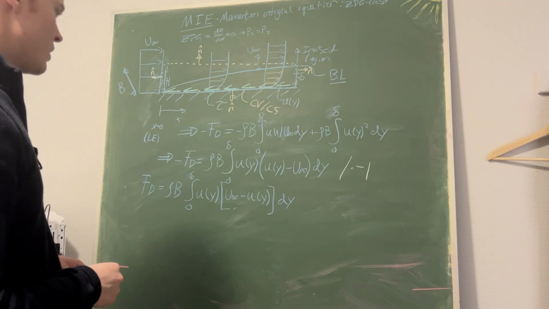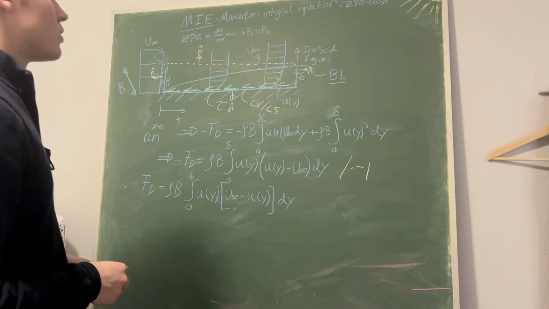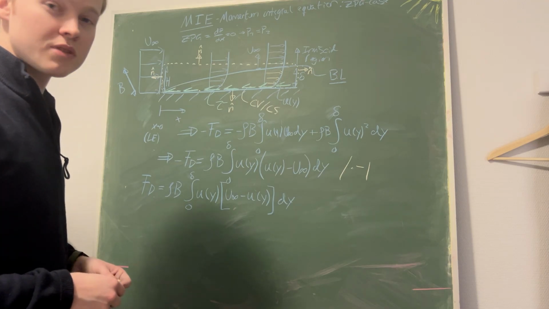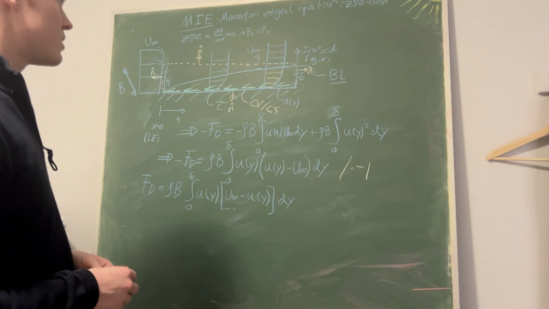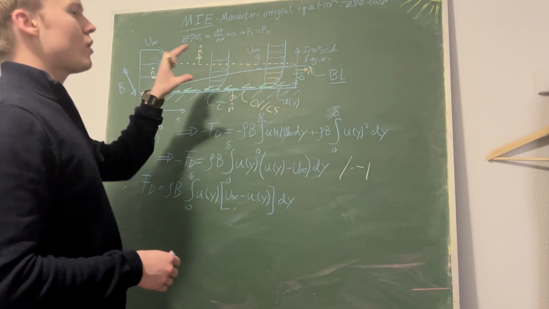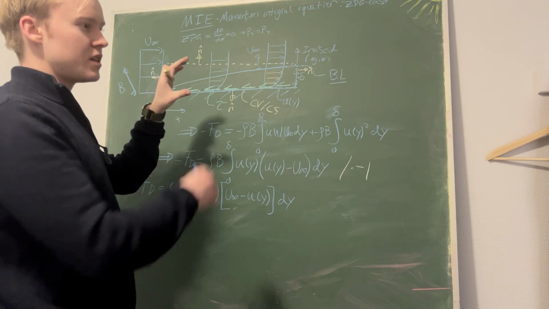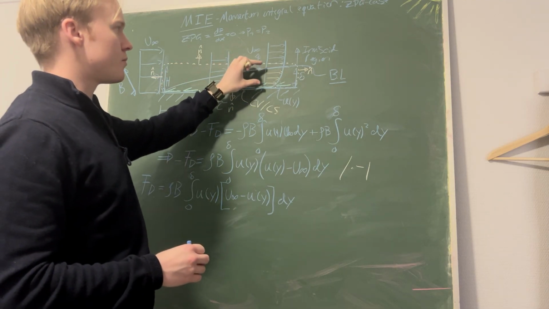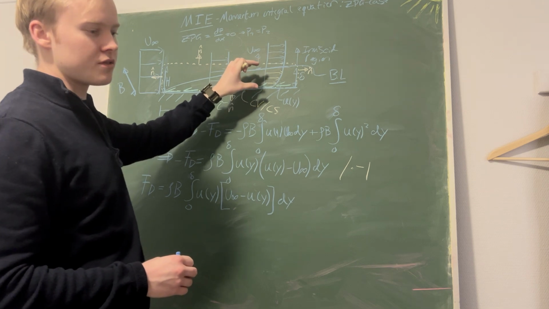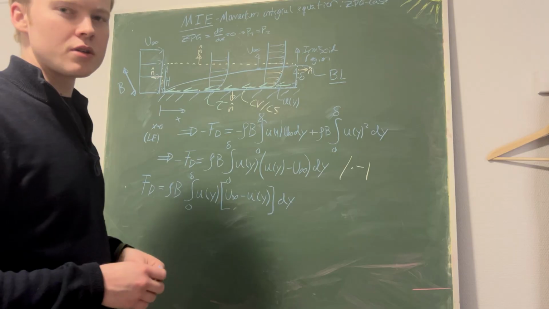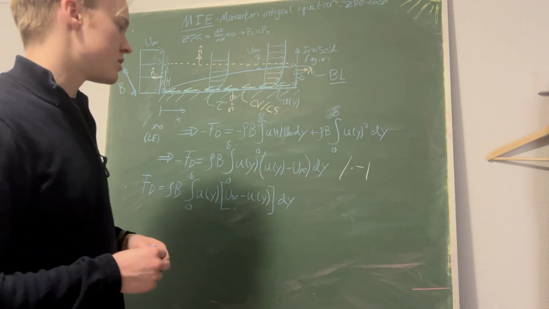Okay, and now we are going to bring in something called the momentum thickness. What the momentum thickness basically does is tell you how much momentum deficit you have in the boundary layer because of the shear, which is removing momentum near the wall. It's eating the momentum up.